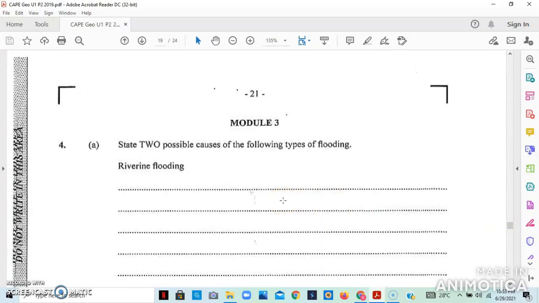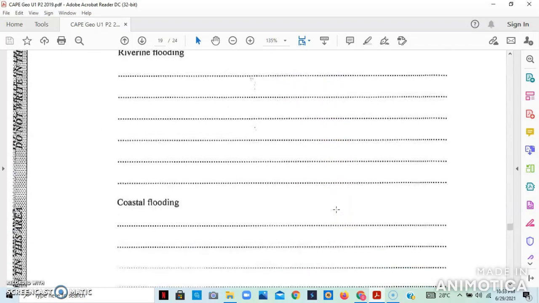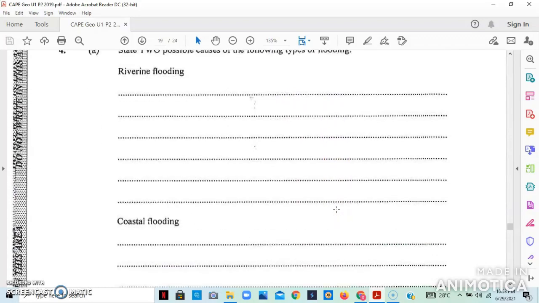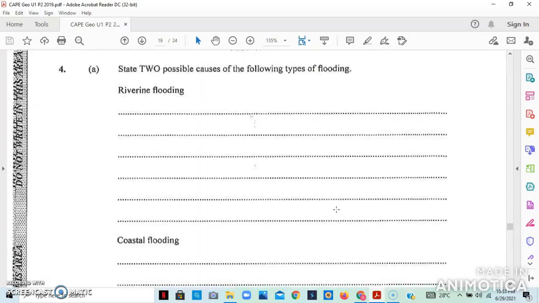For part A, we're to state 2 possible causes of the following types of flooding: river flooding and coastal flooding. River flooding occurs when the river channel cannot contain the available water and overflows onto adjacent land.